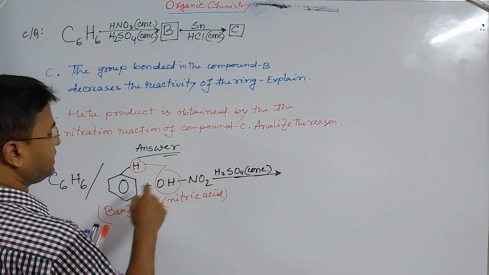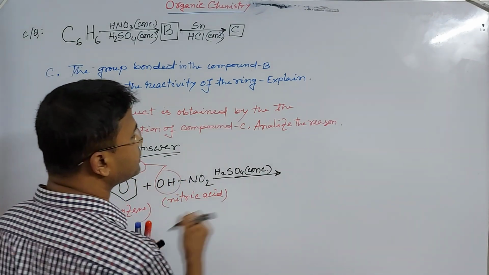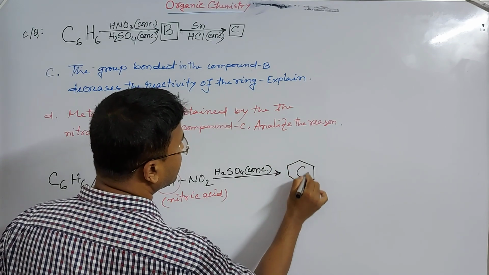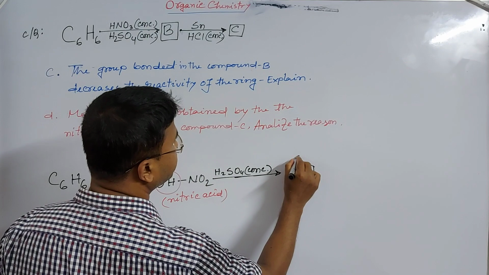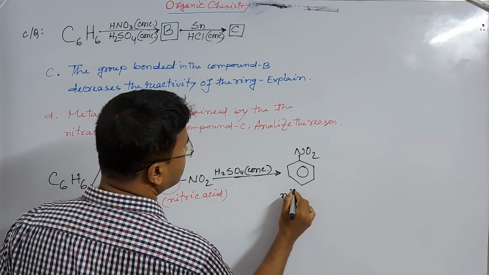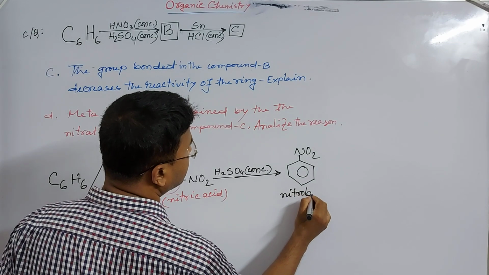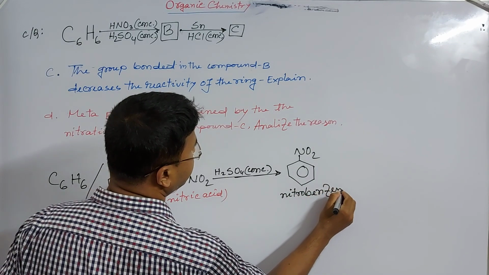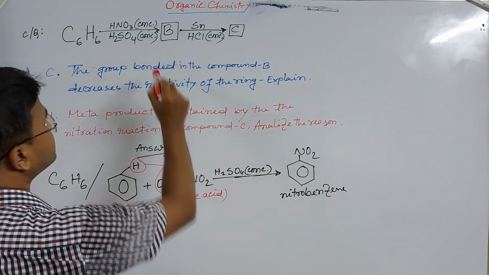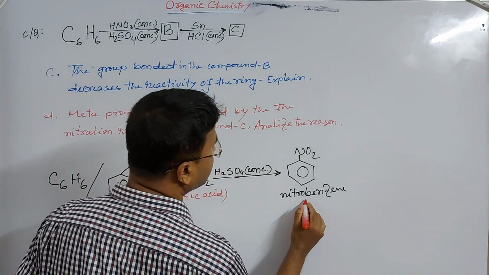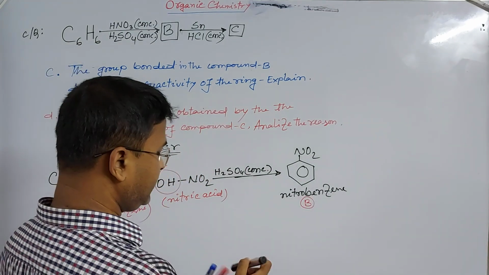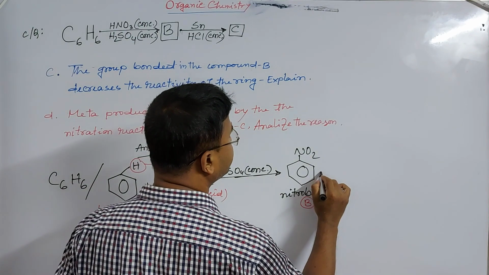Actually hydrogen is replaced by nitro group to produce nitrobenzene. Nitrobenzene actually, as per the stem, this is B compound. B compound actually indicates nitrobenzene, and again nitrobenzene is reduced.